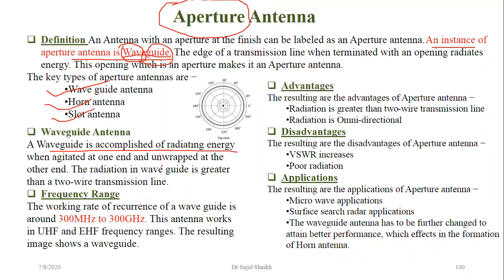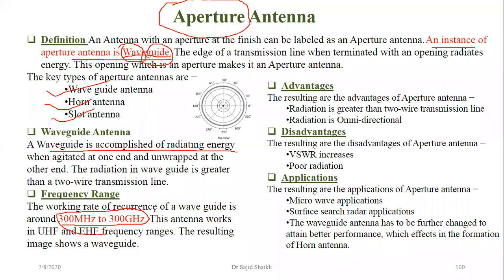So what is the frequency range of this type of antenna? You can observe that the frequency range of the aperture antenna is from 300 megahertz to 300 gigahertz. This means these antennas are useful for very high frequency ranges. We already discussed wire antennas, which are useful from some kilohertz to megahertz.